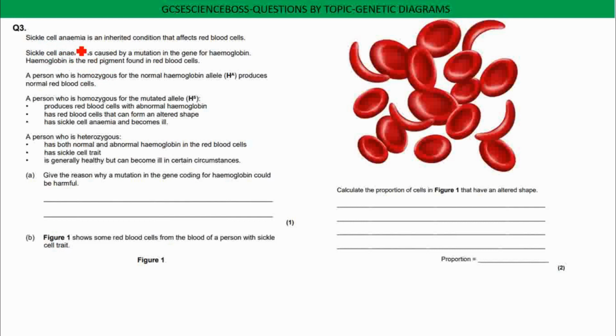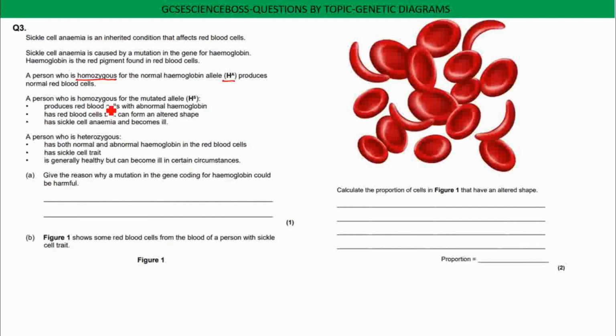Anyways, sickle cell anemia is an inherited condition that affects red blood cells. Sickle cell anemia is caused by a mutation in the gene for hemoglobin. Hemoglobin is a red pigment found in the red blood cells. You definitely know that. A person who is homozygous for the normal hemoglobin allele, HA, produces normal red blood cells.